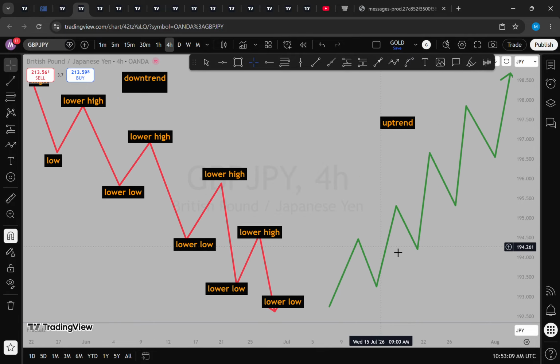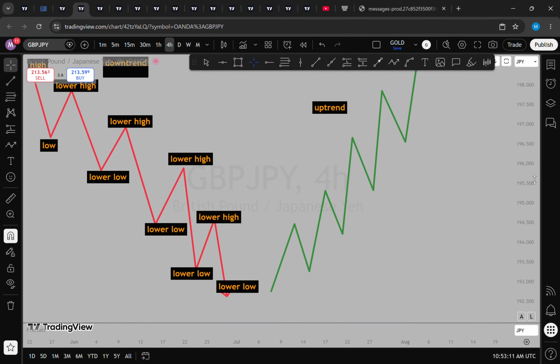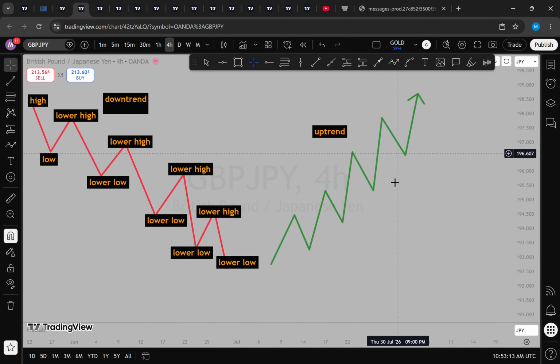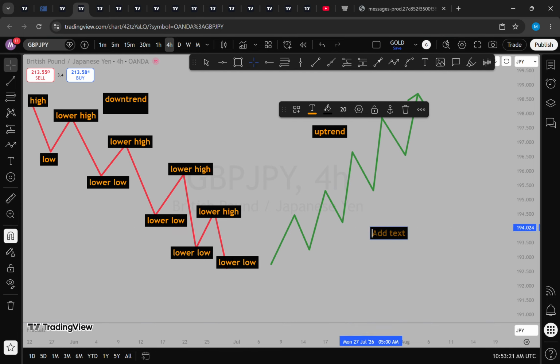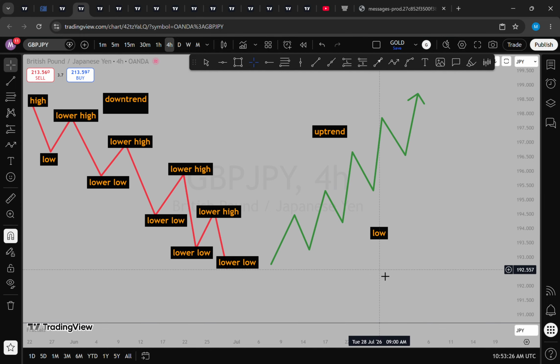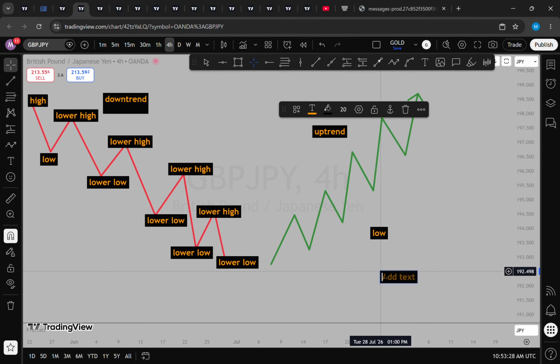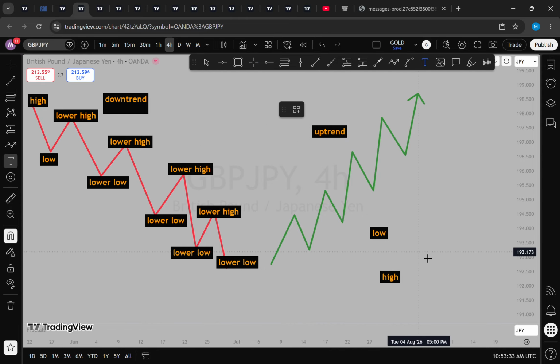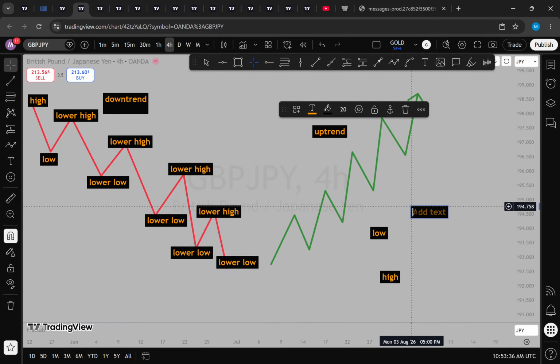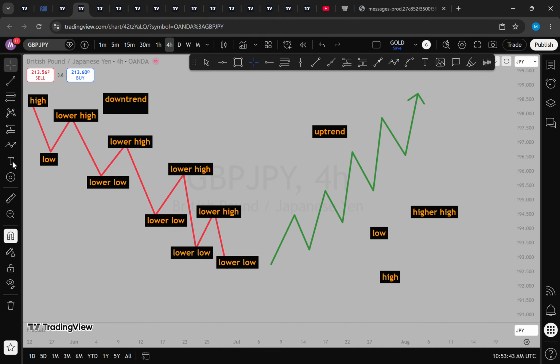Now let's do the uptrend. Right now we have an uptrend here. From the uptrend we have a low, then we have a high, then we have a higher low.